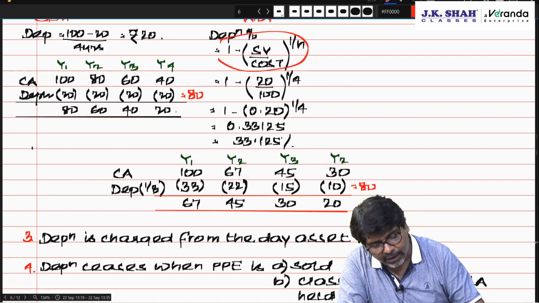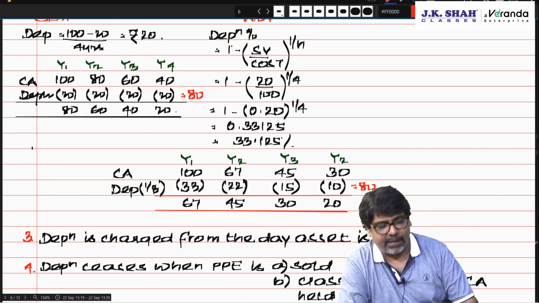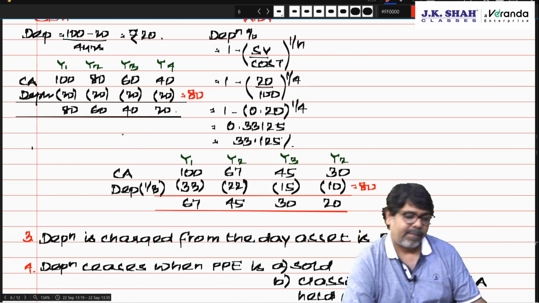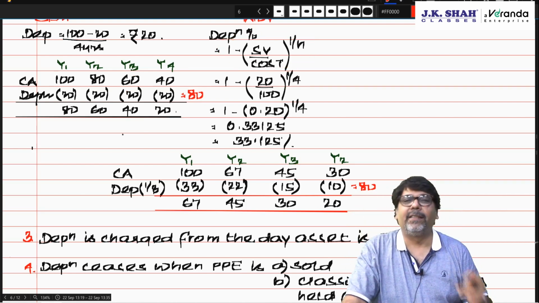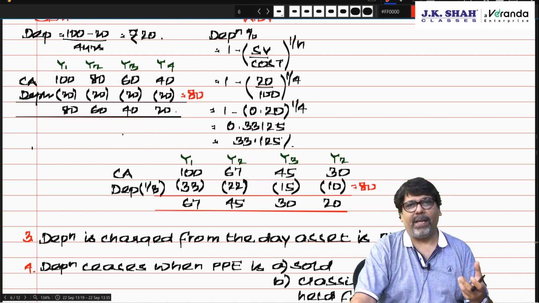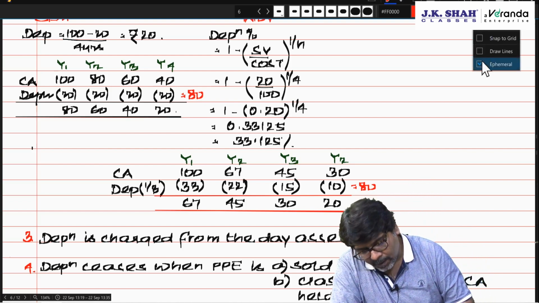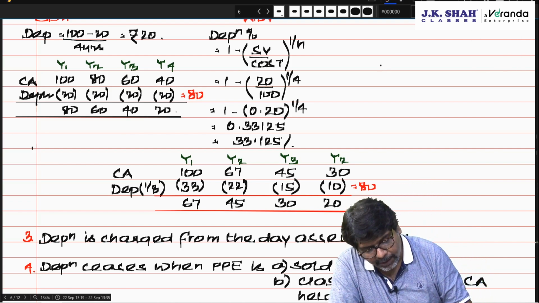You are supposed to calculate the depreciation rate by using this formula, 1 minus scrap value divided by cost to the power 1 by n. This is from the compound interest formula. The compound interest formula is amount is equal to principal into 1 plus I to the power n.